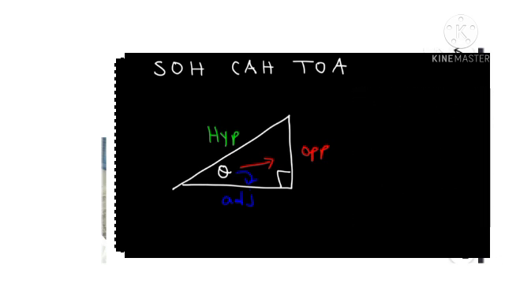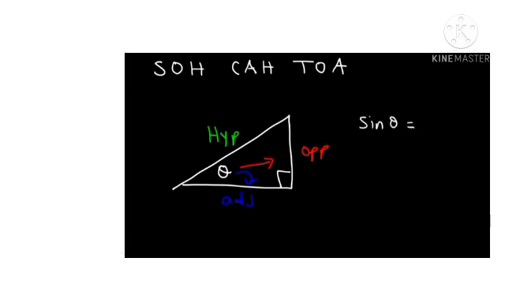Now, let's talk about the six trigonometric functions in terms of sine, cosine, tangent, opposite side, adjacent side, and hypotenuse. Sine theta, according to SOH CAH TOA: S is for sine, O is for opposite, H for hypotenuse. Sine theta is equal to opposite divided by hypotenuse.